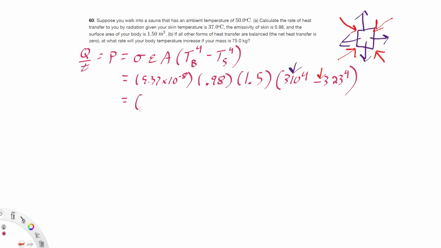Alright, so all this stuff out front is 7.9 times 10 to the minus 8. And on the inside, we have 9.24 times 10 to the 9 minus 10.9 times 10 to the 9.